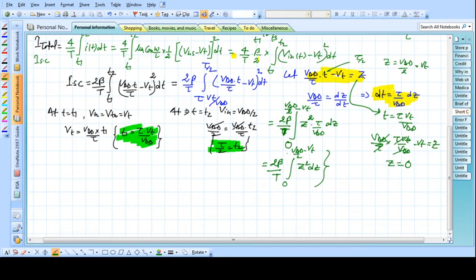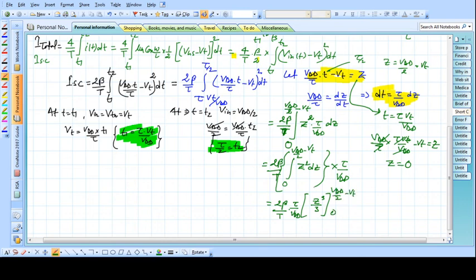Take the term tau by VDD outside, so 2 beta by tau into tau by VDD, and if we solve this one, it will give z cube by 3 from 0 to VDD by 2 minus vt.